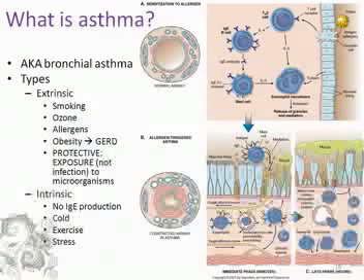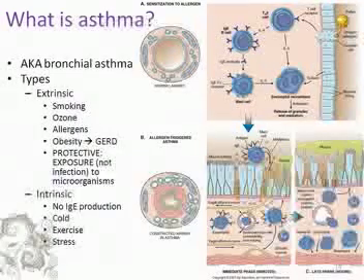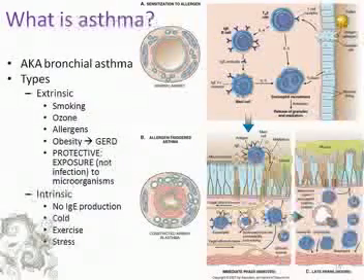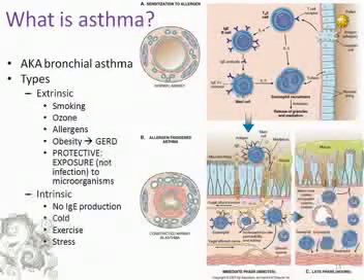So they may be more predisposed to having an extrinsic type of allergic induced asthma. Okay. So is there a potential genetic component to asthma? Absolutely. It's also referred to as bronchial asthma. Okay, so that's another name for it.